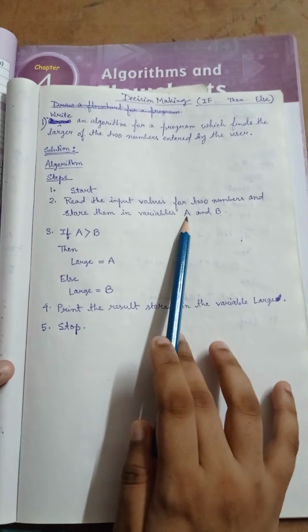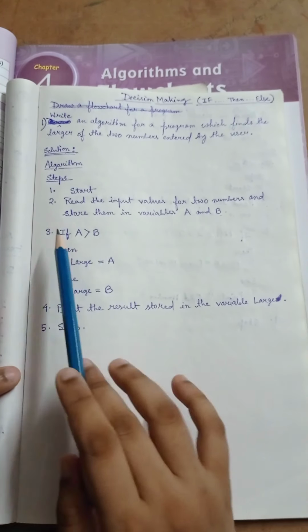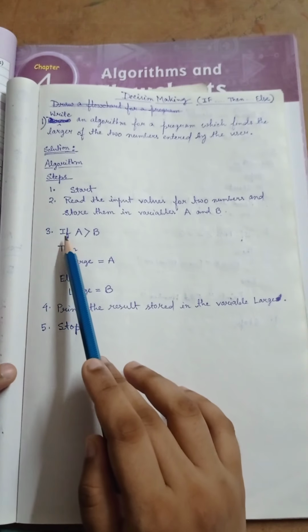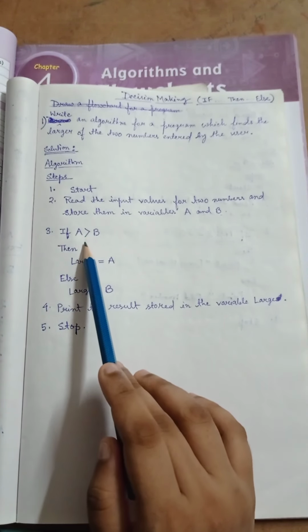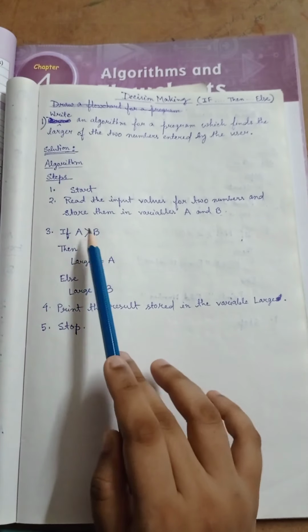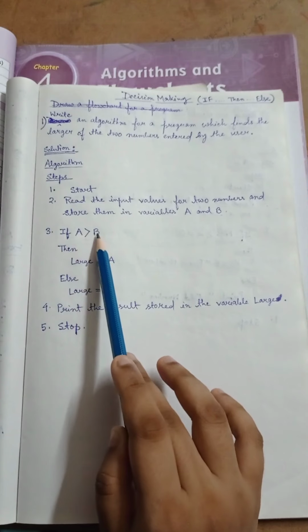Now you have to check which of these two numbers is greater. For checking we use the greater than operator. So now we write the condition a greater than b.